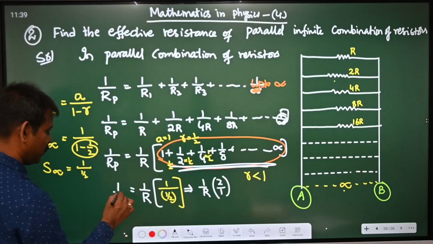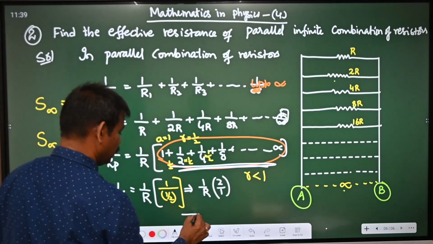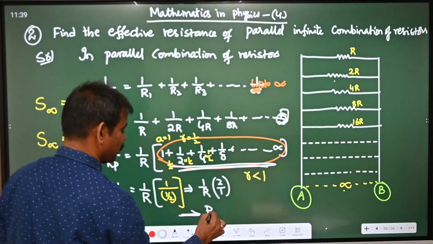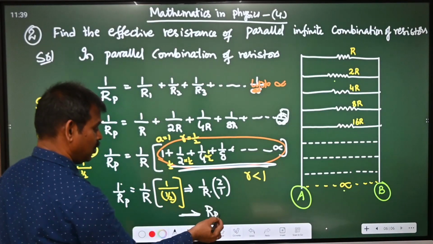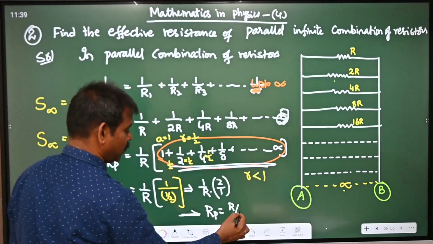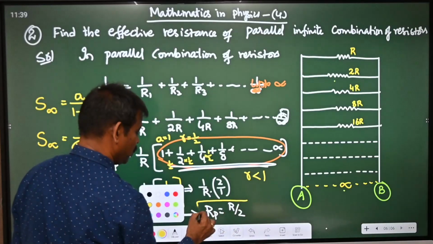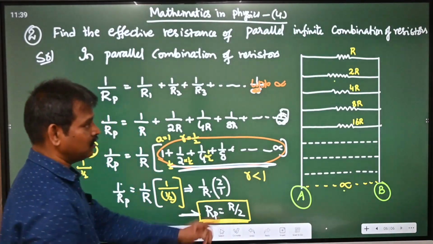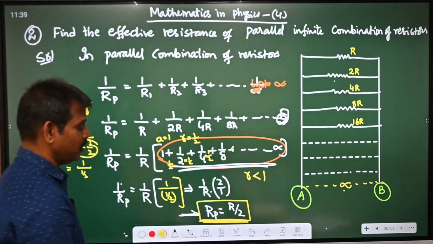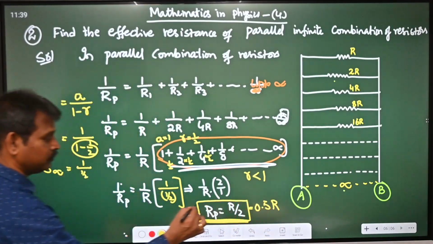So now this is 1 by Rp, students, but I need Rp, the total value of this parallel combination. 1 by Rp is 2 by R, so Rp is equal to R by 2. This is the value, Rp is equal to R by 2, that is 0.5 R.